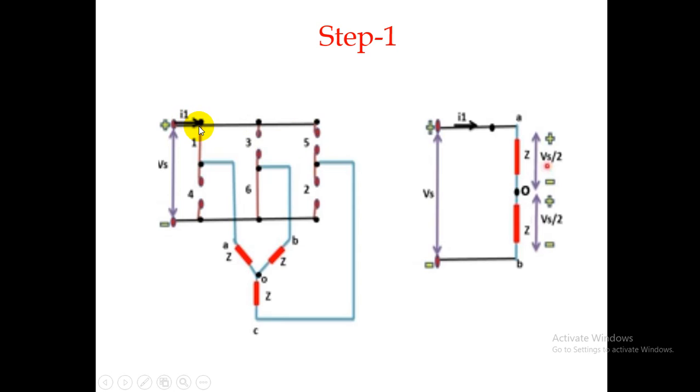The only path to flow the current is through thyristor 1 and going to the load. This is the load, which we are indicating with impedance.